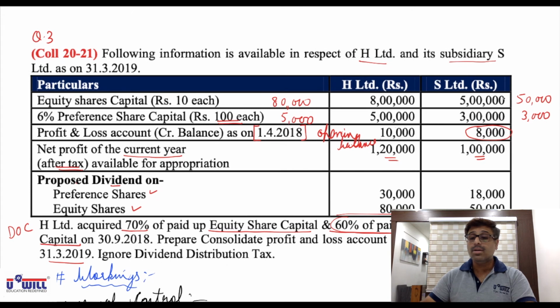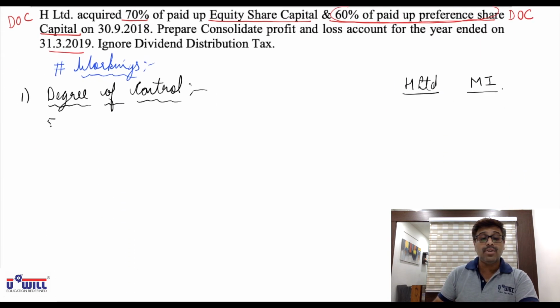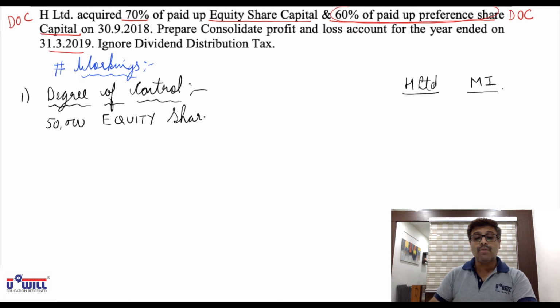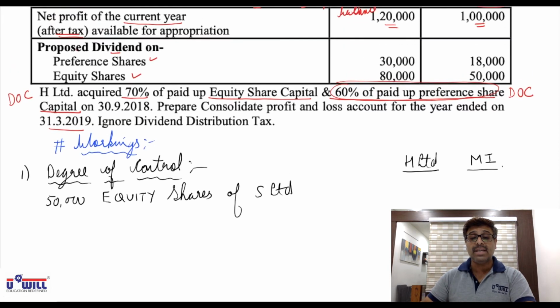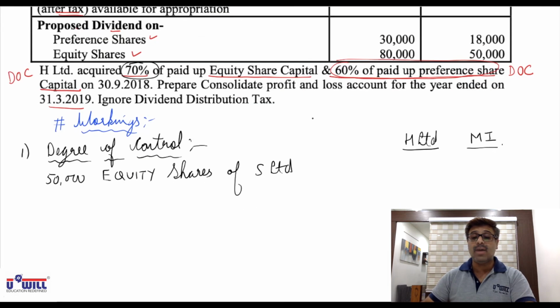First of all, 50,000 equity shares are there in S Limited, so all of you write down 50,000 equity. First we are doing it for equity shares of S Limited. Out of that, 70% are acquired by the holding company.